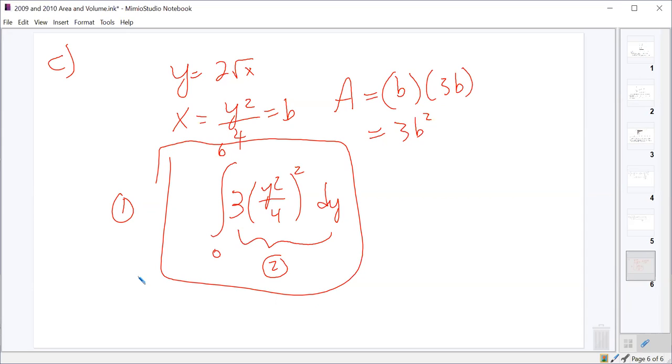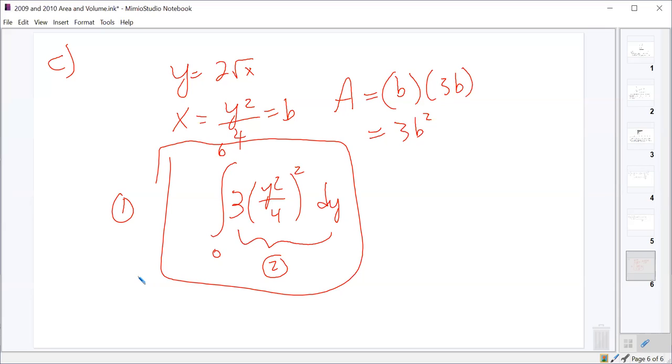But if you want to use shells, I would recommend doing it if trying to do it with a disk or a washer requires you, one, to maybe split it up into multiple different integrals, or two, if it's really difficult to rearrange the equation into the appropriate variable.